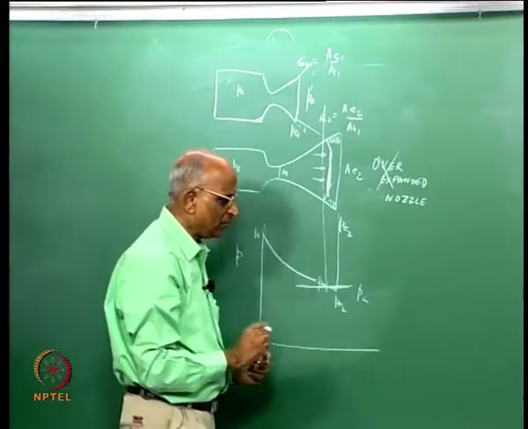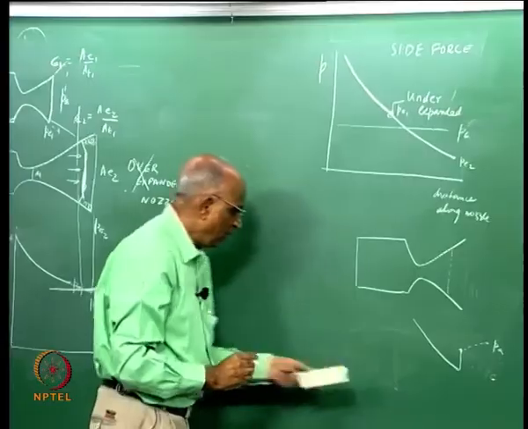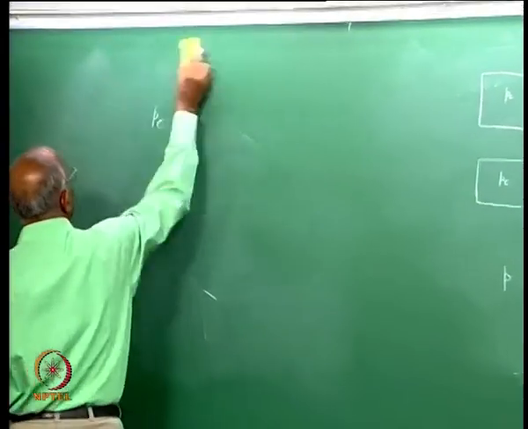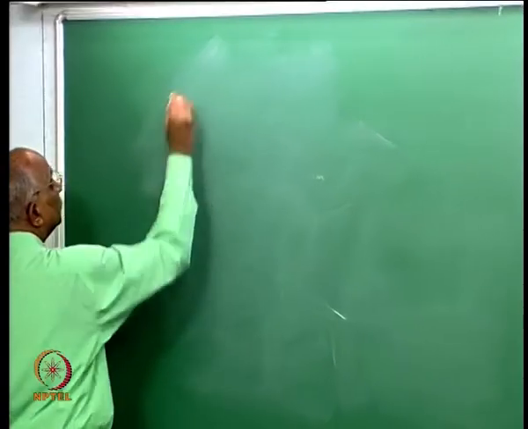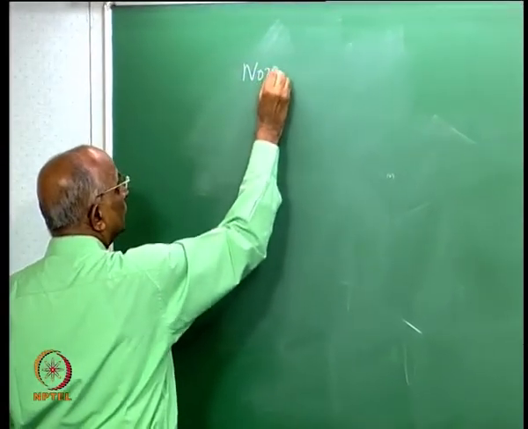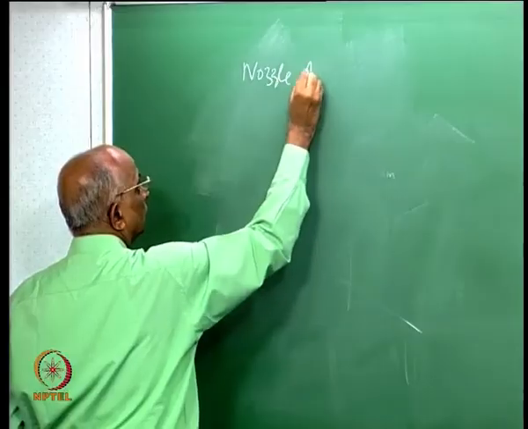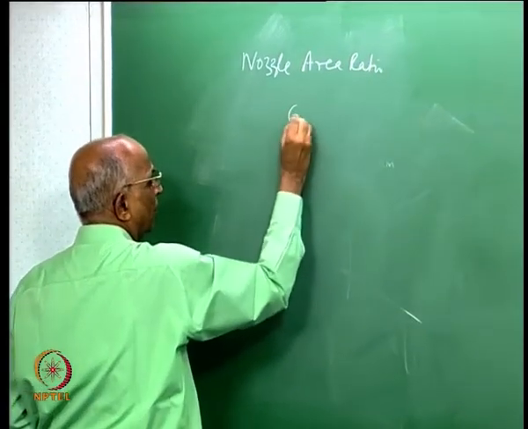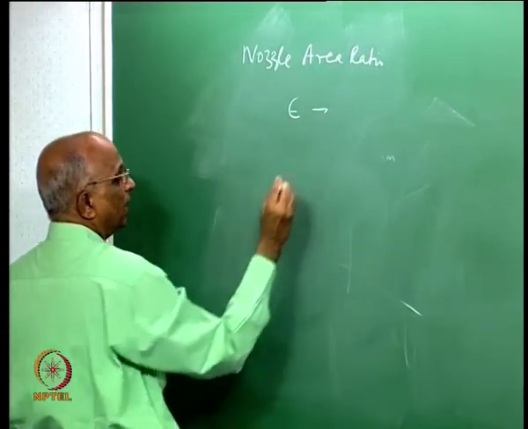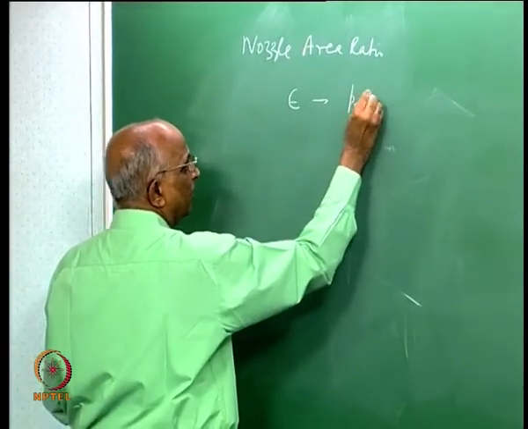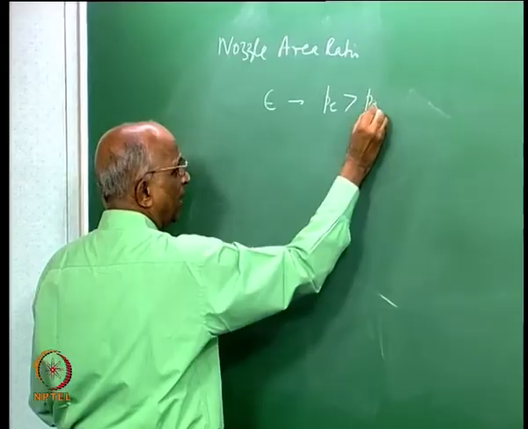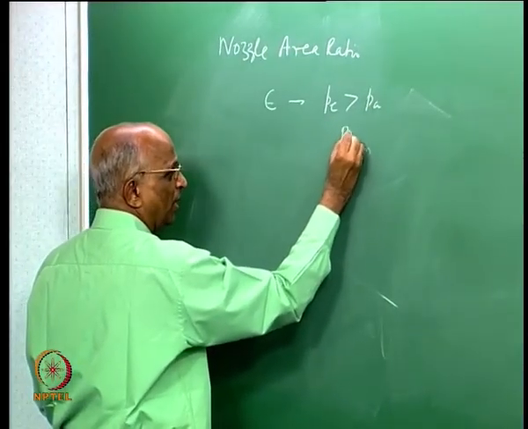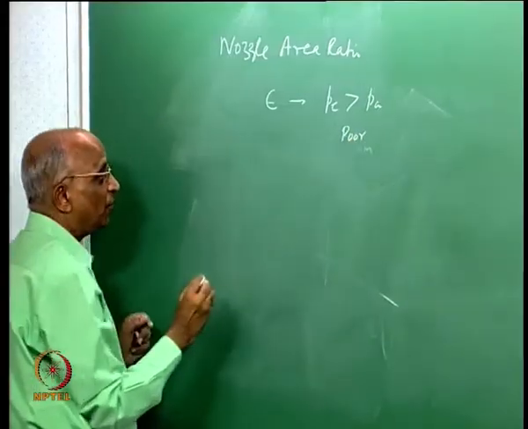All I am trying to say is, if my nozzle area ratio epsilon is not properly tailored and I get PE which is greater than PA, I have an under expanded nozzle, in which case my nozzle performance is poor, I do not get the high value of Vj.